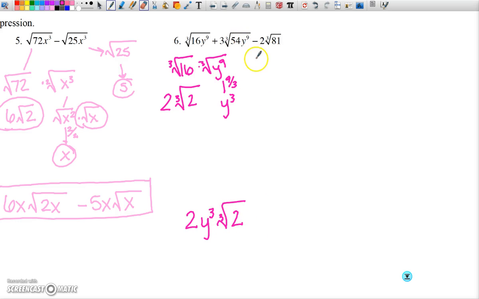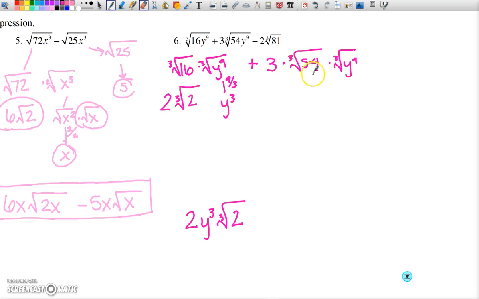All right, your next one. We're adding to that. We have the 3, which we're going to leave, and then we have the cubed root of 54, and then also the cubed root of y to the 9th.